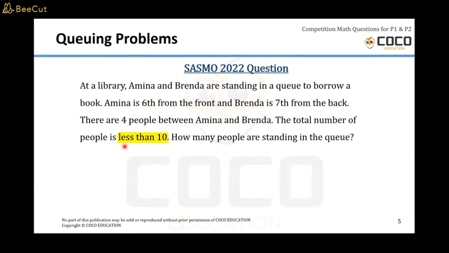Okay, since they say the people must be less than 10, let's see the clues again. First, we have the front and the back of the queue. Then look at this one. Amina is 6 from the front. Still first, second, third, fourth, fifth, and sixth.